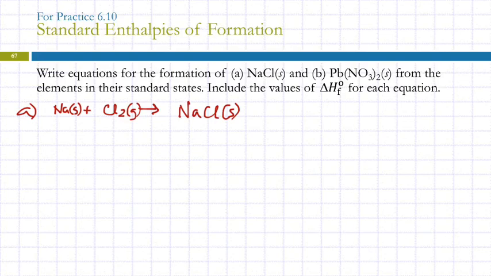Balance it regularly, and then divide to get the right coefficients. Or you can use fractions to start with. I need 1 mole of sodium chloride. So that means I need 1 mole of sodium, and I need 1 mole of chlorine, but this is actually 2 moles because it's Cl2. So I need 1/2 of that.